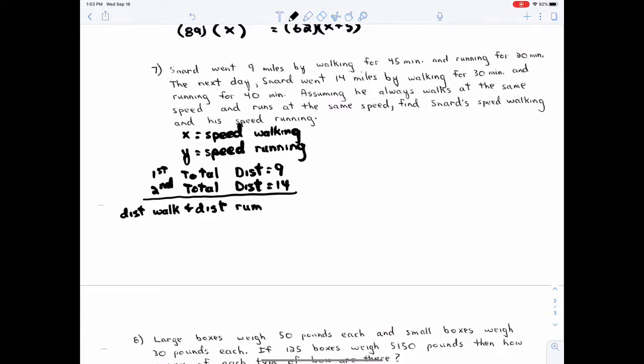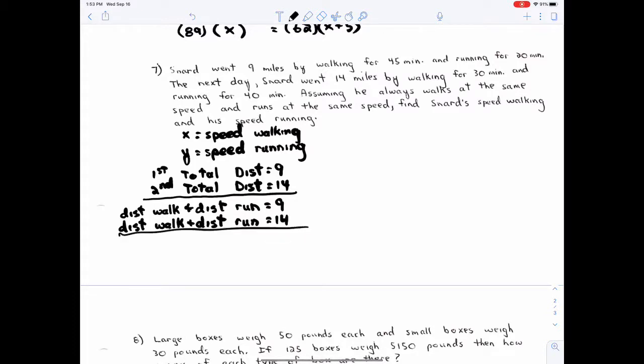I think run has an N, not an M. Distance running, that's 9. And then same thing, distance walking plus distance running equals 14. Okay.